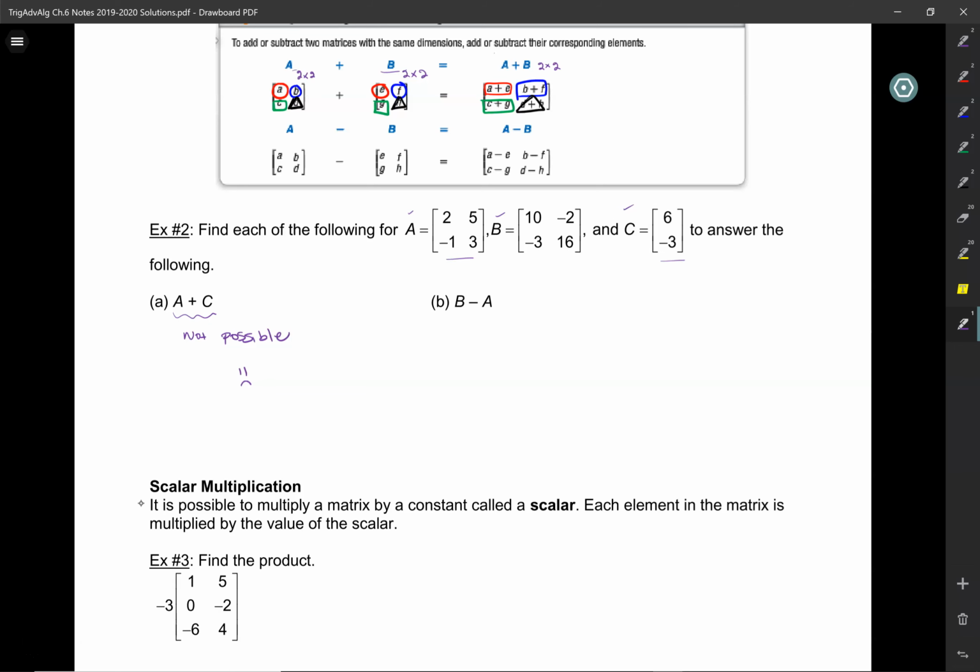B minus A, hey, those have the same dimensions. I can totally do that. So you know what I'm going to do? I'm just going to copy over my matrix B minus my matrix A, and that's going to give me my new matrix.